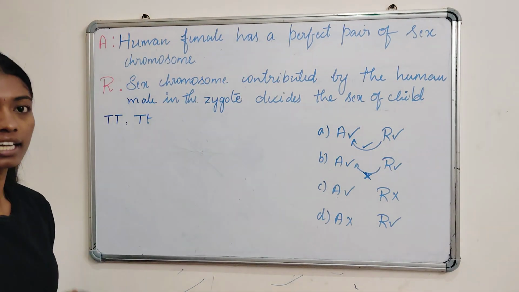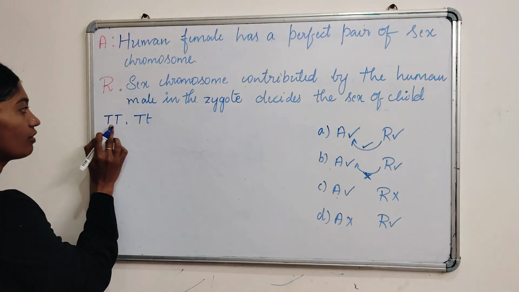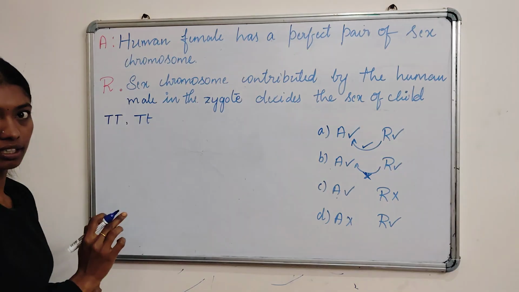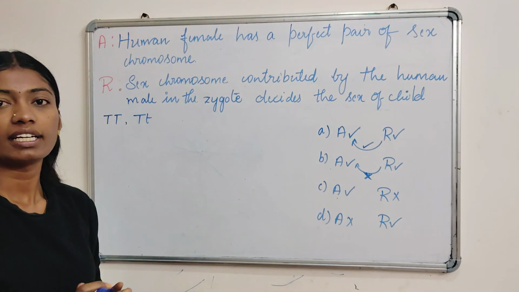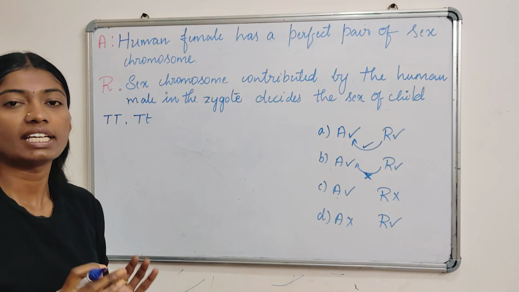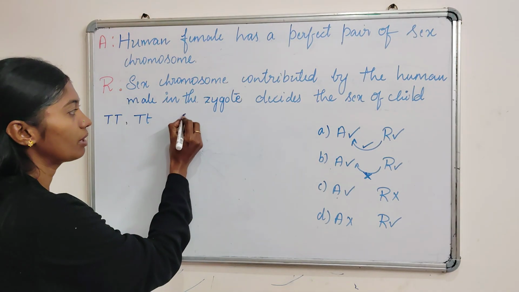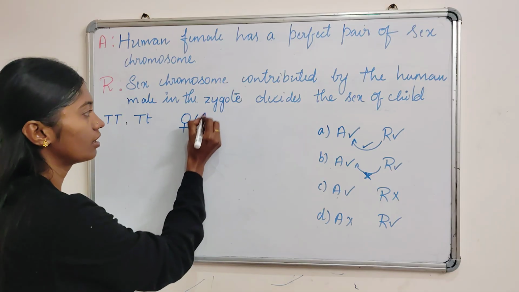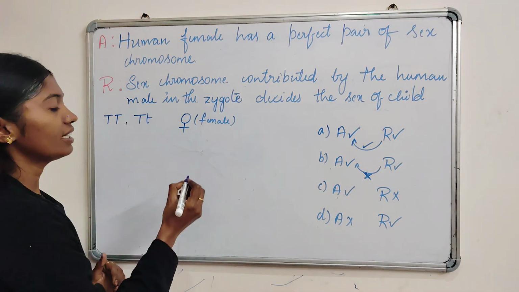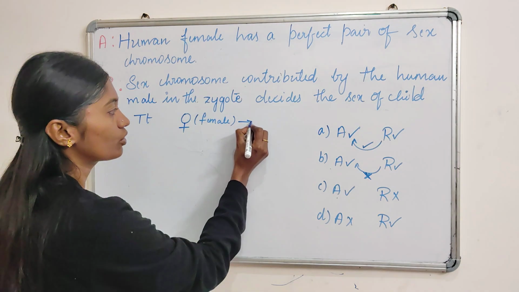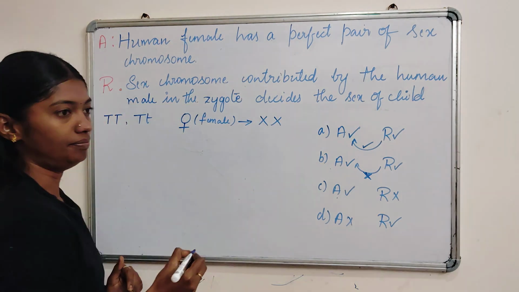For every character, we will be having a pair of chromosomes, one from the father's side, one from the mother's side. Even the sex of an individual will be decided by the pair of chromosomes given by the parents. Suppose a female is there, she will be having the sex chromosomes in her body as X and X.